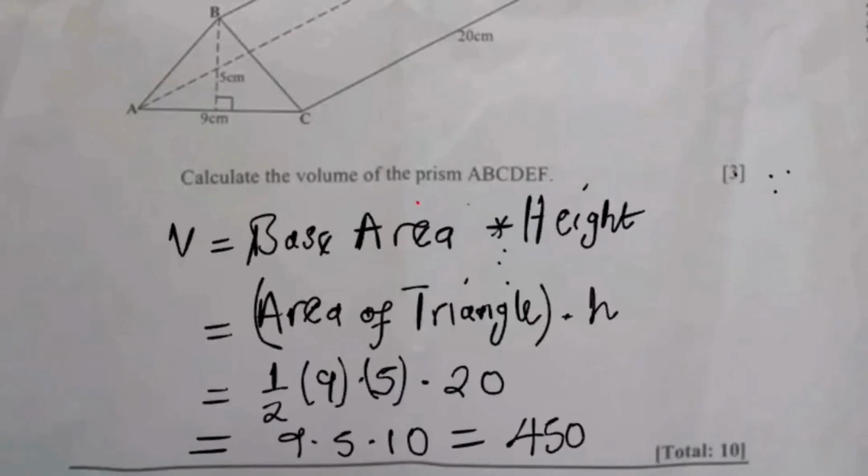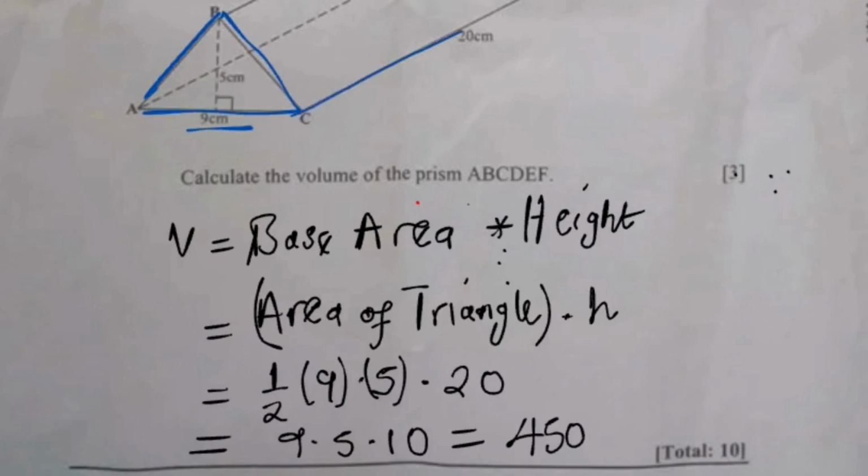So because the prism is derived from the name triangle, we are going to use the area of the triangle. So area of a triangle is half BH. So this is our triangle, of which the base is 9 centimeters and the height is 5 centimeters.